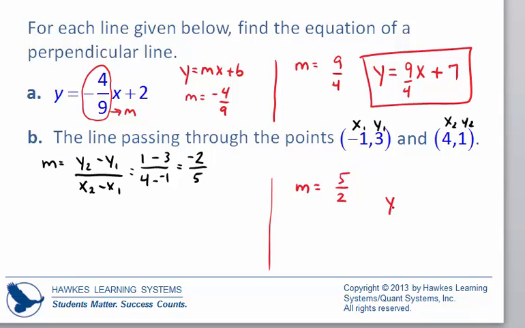So let's write an equation for a perpendicular line. We're going to write y is equal to mx, so 5/2 x, plus, and you can select again any y-intercept that you want. So I might pick the number 3. And now I have an equation of a line that is perpendicular: y is equal to 5/2 x plus 3.